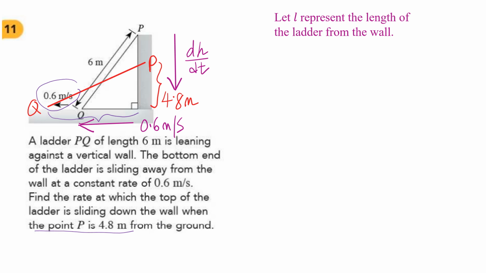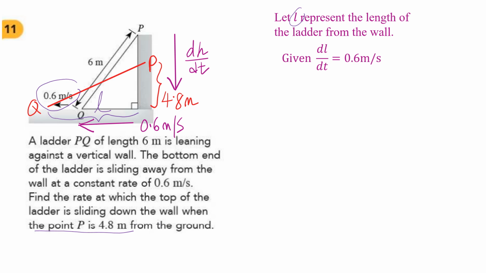Okay, so if you let L represent the length of the ladder from the wall, this one, then your dL over dt is 0.6 meter per second. Sorry, let it be L, not x, because I let it be L. So we're talking about this distance is L. So dL over dt is 0.6 meter per second.